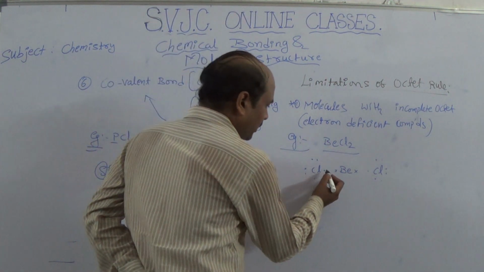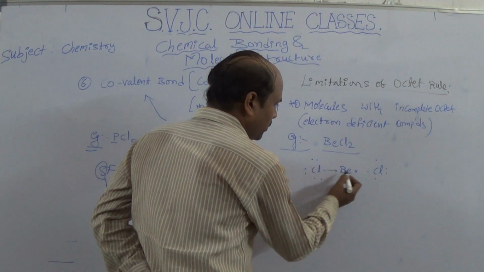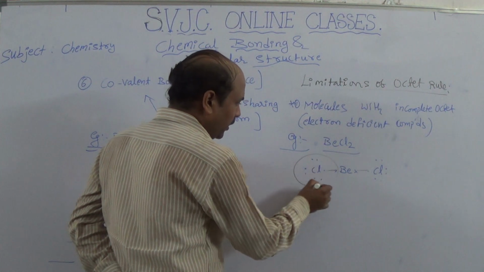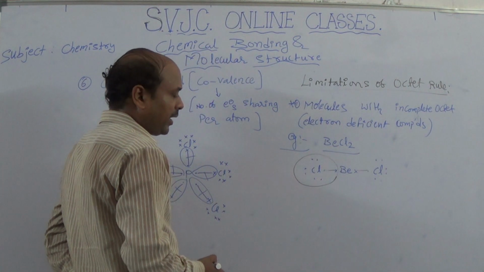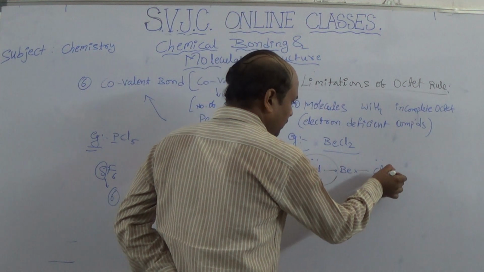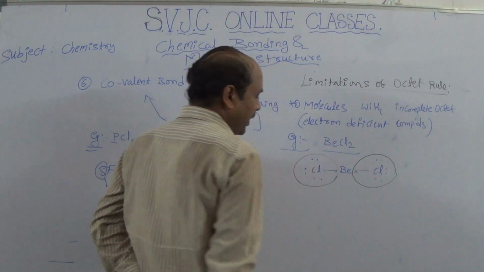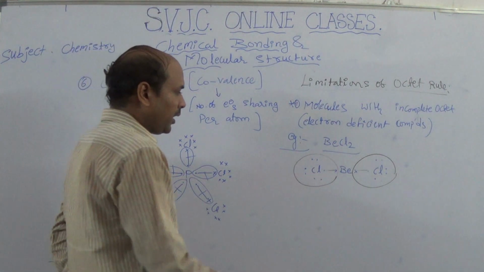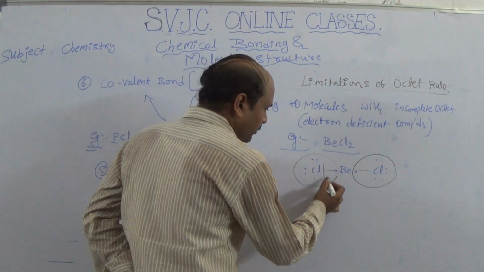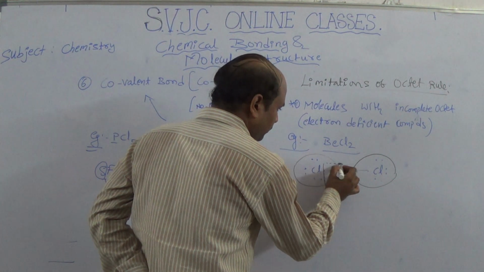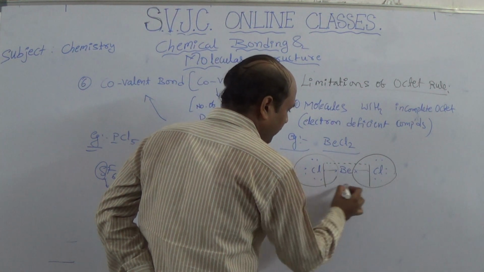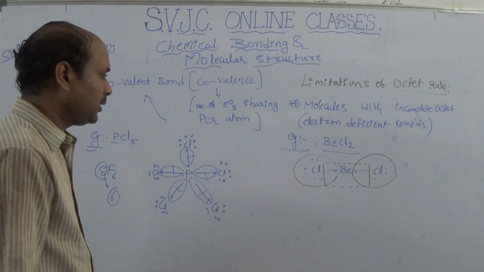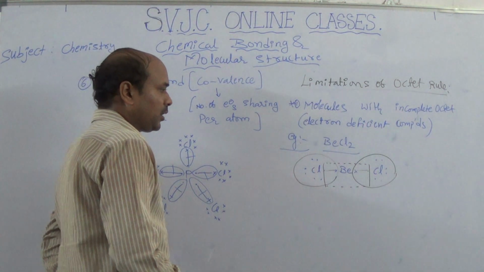The bond is between these electrons, and chlorine has 8 electrons around it, and the other chlorine atom also has 8 valency electrons around it, but here the central atom has only 4 electrons, an even number, which is less than 8 electrons.